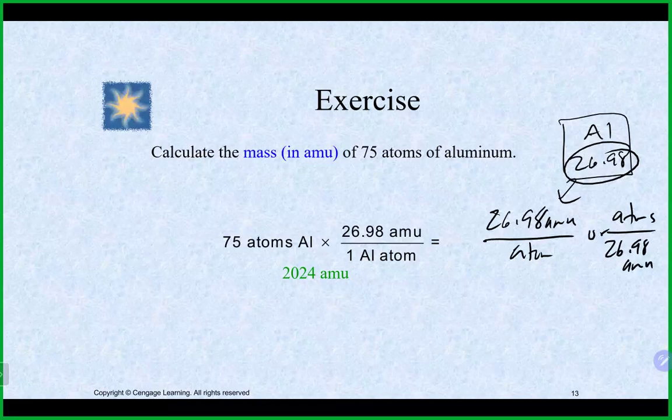Once again, if we want to know the mass in AMU of 75 atoms of aluminum, using this as a conversion factor from the periodic table, setting up a dimensional analysis, opposites are going to cancel. That's going to cancel out our atoms and leave us with AMU when it's all said and done. And in this case, it gets something like 2024.